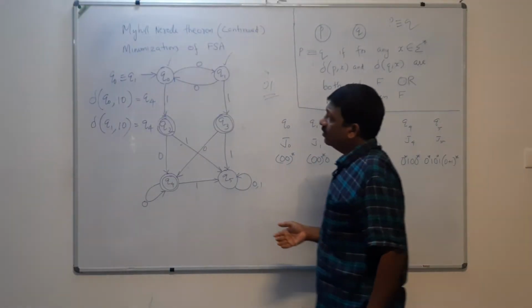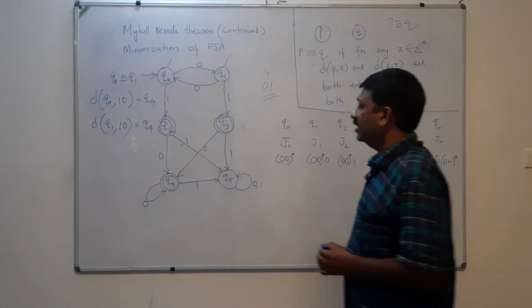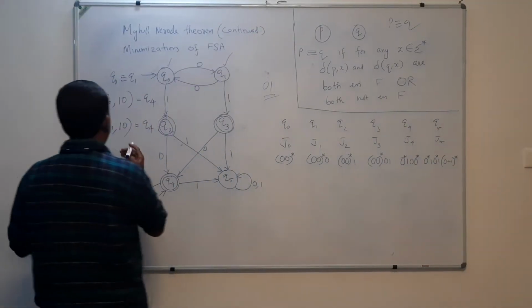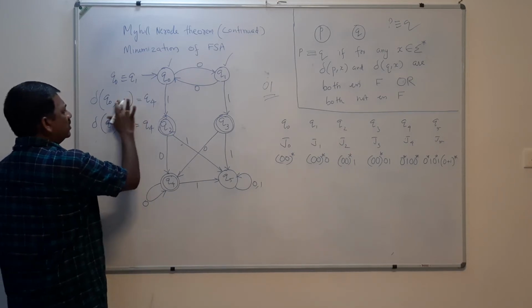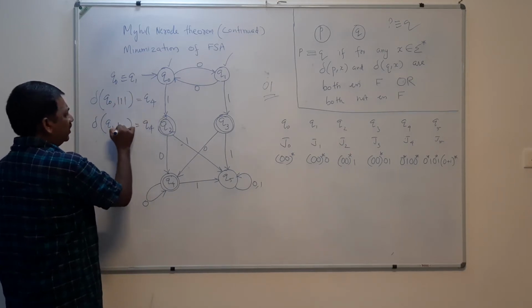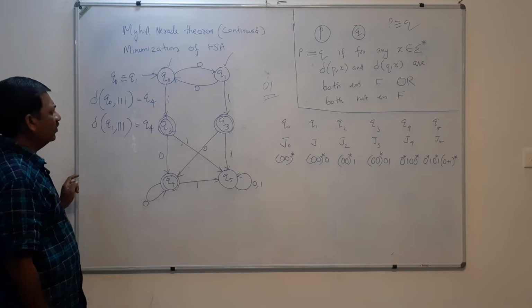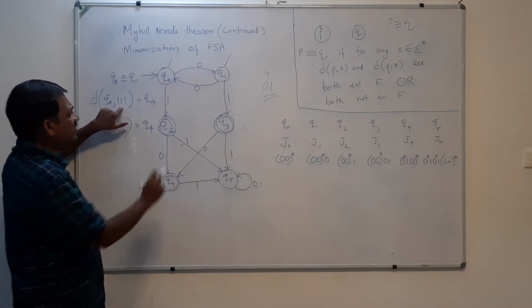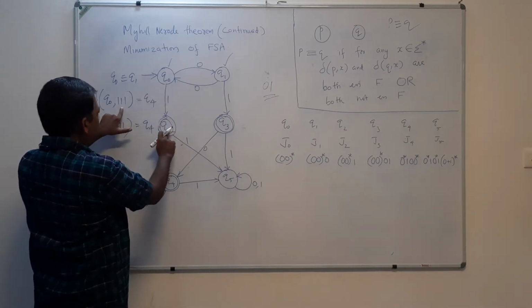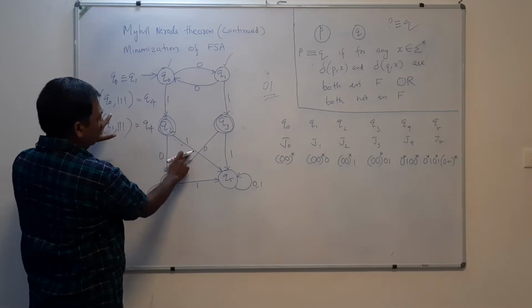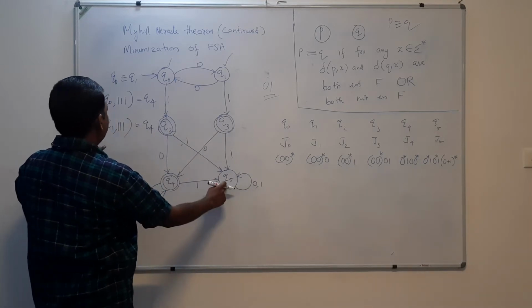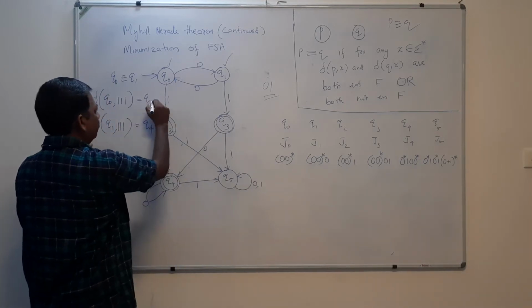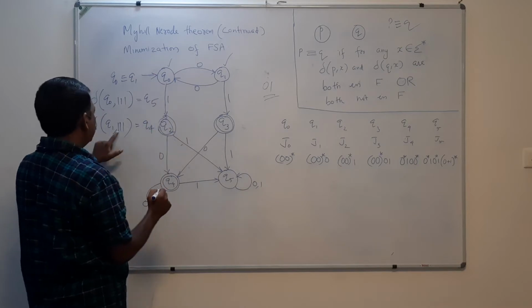If our test is over, then you have to apply simply 1, 1, 1 here, and here also I am going to apply 1, 1, 1. What will happen? Q0 on 1 is Q2, Q2 on 1 is Q5. That means this is Q5. And what about Q1 on 1, 1, 1?